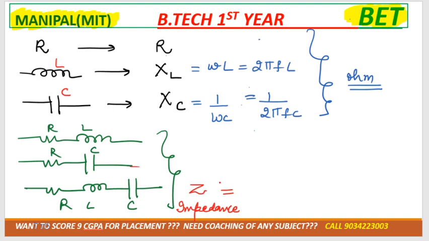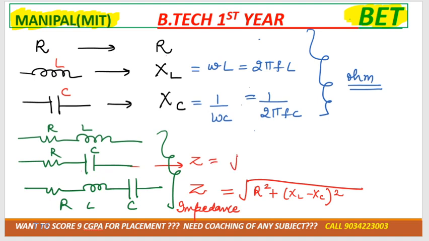Okay, so the particular formula for impedance, for the case of RLC, is Z equals the square root of R square plus the whole square of XL minus XC. But if there is a case of R and C, then what would Z be equal to? Tell me. R square plus XC square, because there is no L. Since L is not there, XL would also be 0.